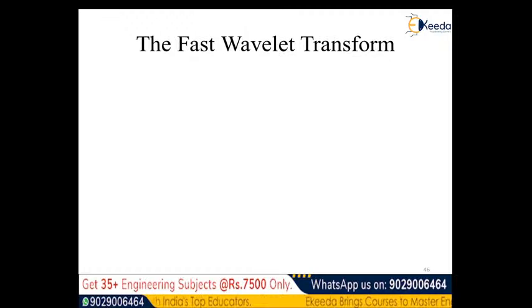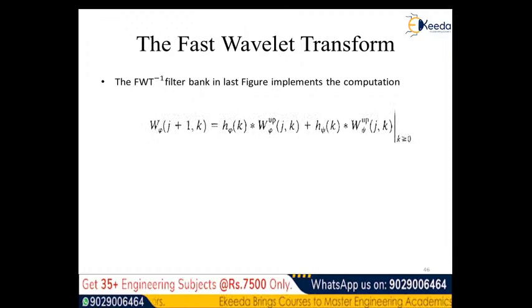So it is also of the synthesis type, and the mathematical relation here is W_φ(j+1, k) equal to the convolution between the function h_φ(k) and the upsampled version of the wavelet coefficients, and the other term also has a convolution operation with the function of the wavelet type, provided that k is always greater than or equal to 0.